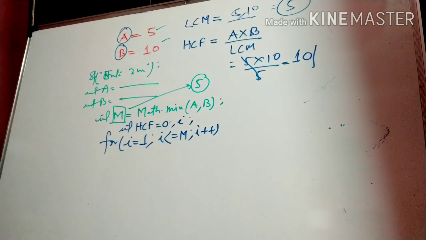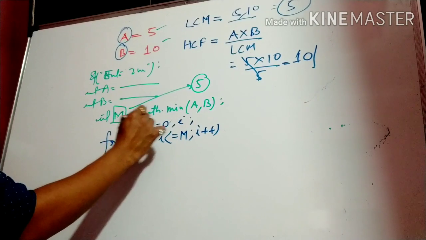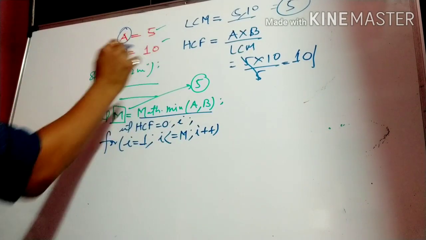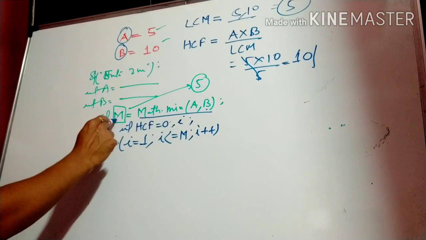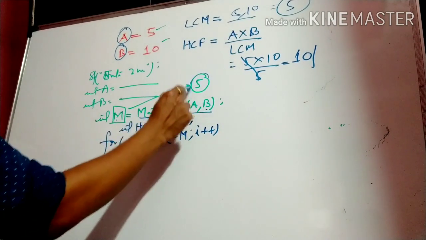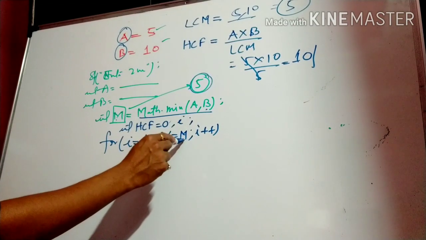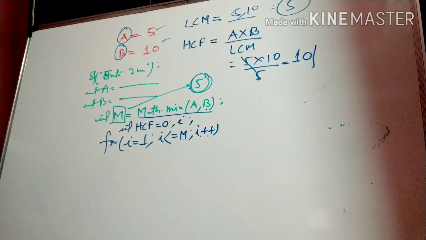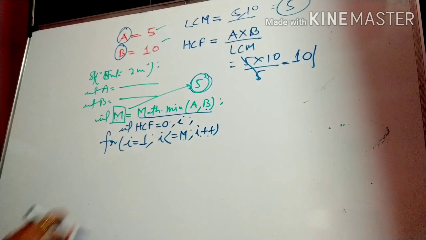How to find LCM? You have to extract the minimum, the smaller number between 5 and 10. So 5 and 10, the smaller number will be M, so your answer will be 5. Execute the loop: I is equal to 1, I less than or equal to M, I plus plus. This loop will execute how many times? M, that means 5 times.